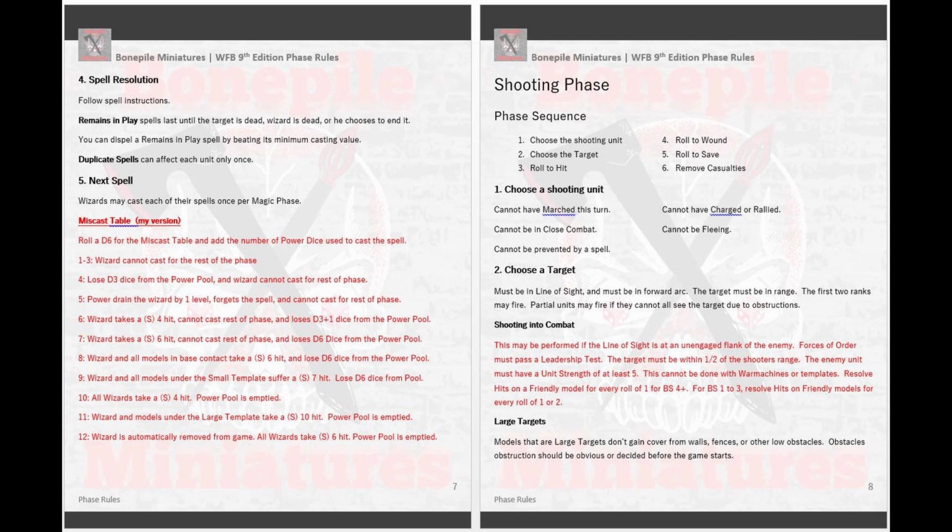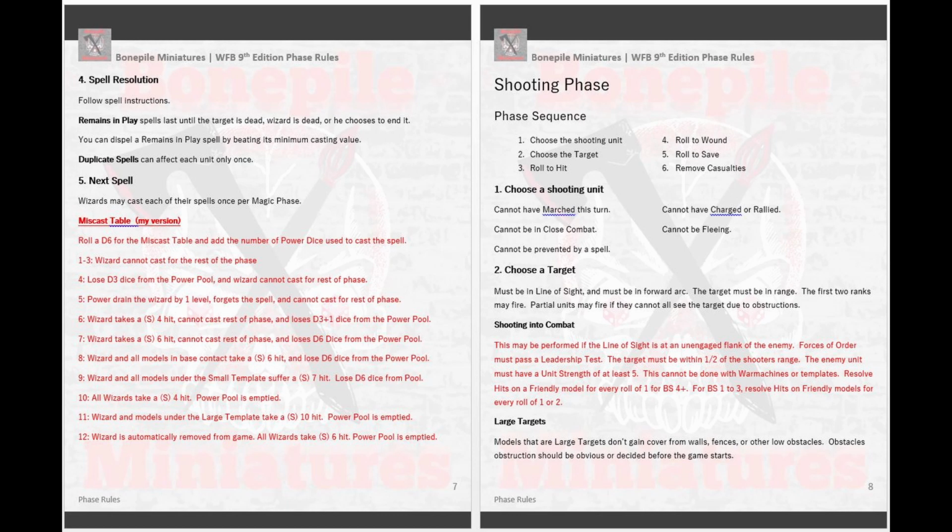Forces of order must pass a leadership test, and the target must be within 1/2 of the shooter's range. The enemy unit must have a unit strength of at least 5, and this cannot be done with war machines or templates.